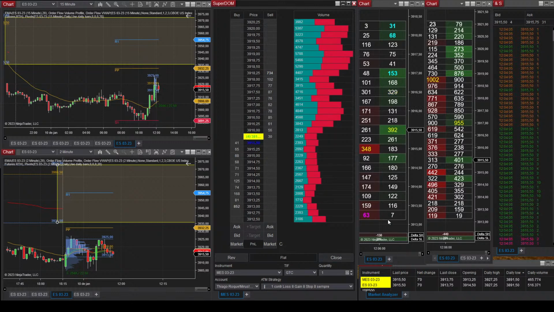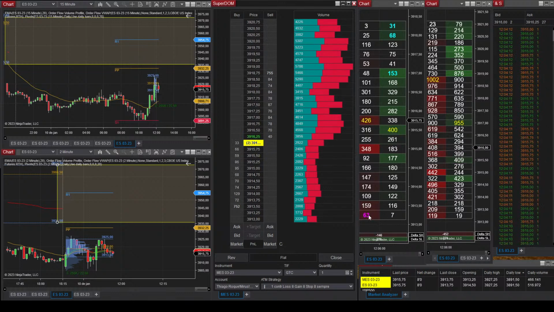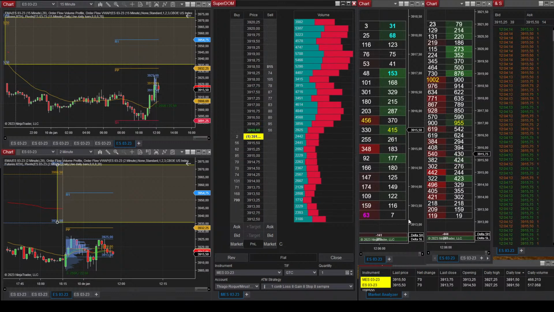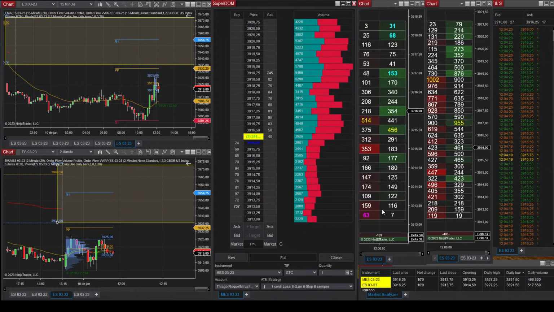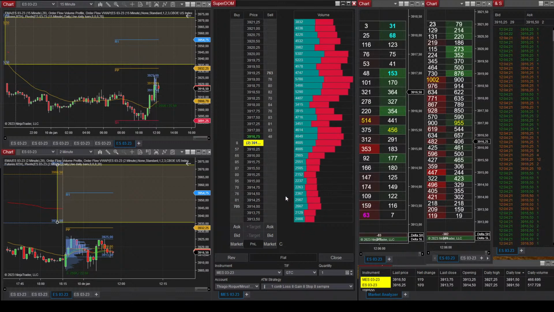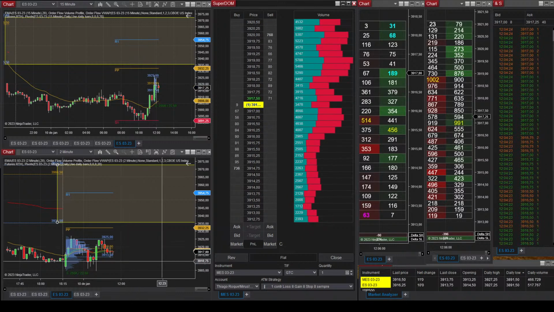The 13 here was respected again, as mentioned before. 13 was previously an important point. Yesterday morning, we had already taken note of it. The close was right at it, and we're seeing it working again.